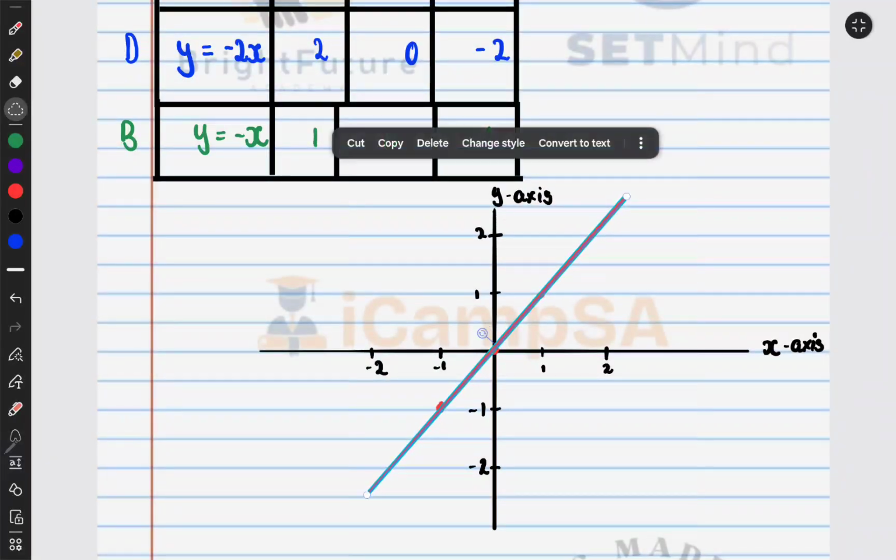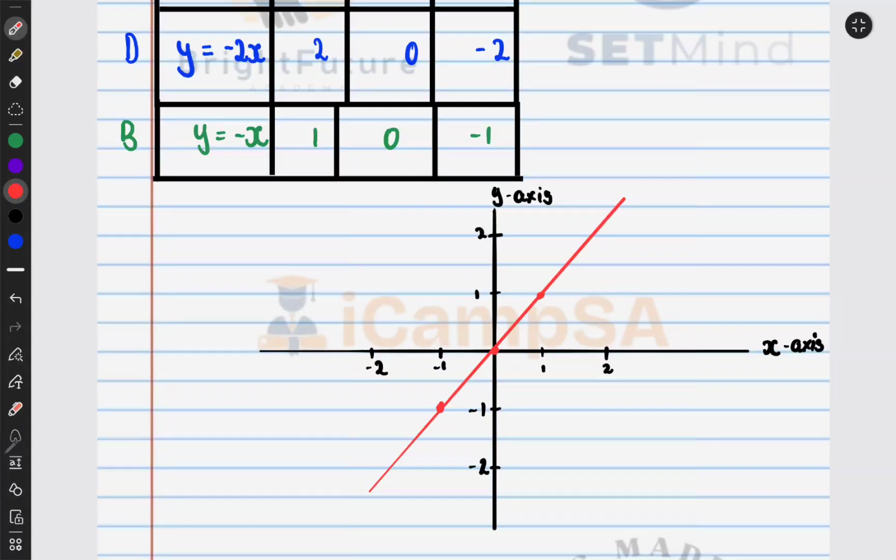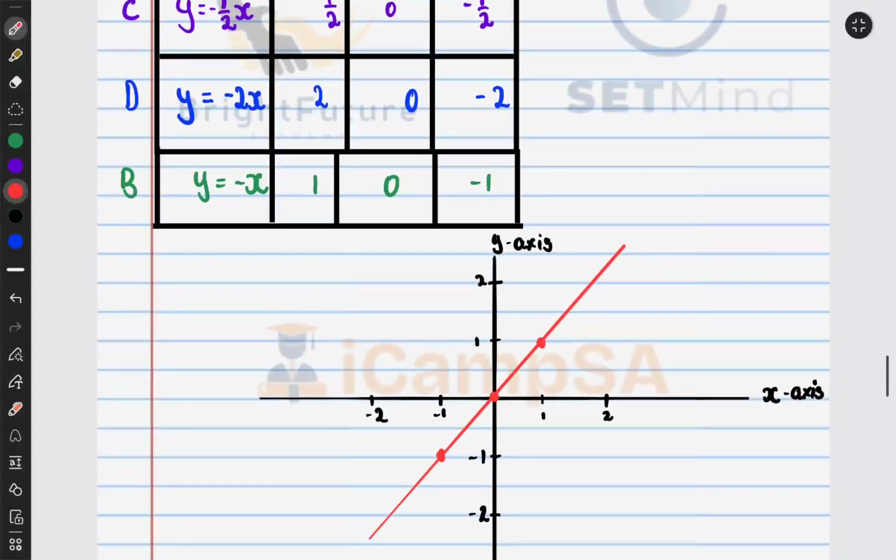Remember, we're changing the sign, making the value of a negative. That's where we said it reflects the function about the x-axis. It reflects the function about the x-axis. So let's go ahead and sketch function number b.